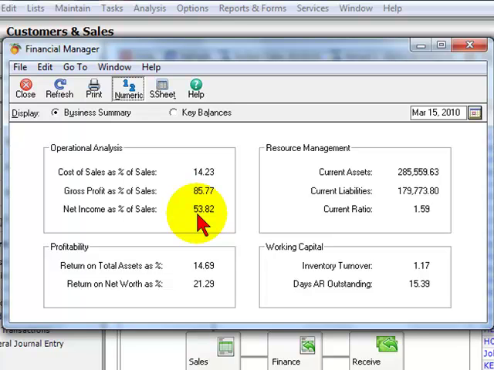Beautiful. Wonderful. Highly unlikely, but let's just dwell on the nice things for now. That means for every $100 item, you will take away $53.82 in profit. That is a good place to be in.